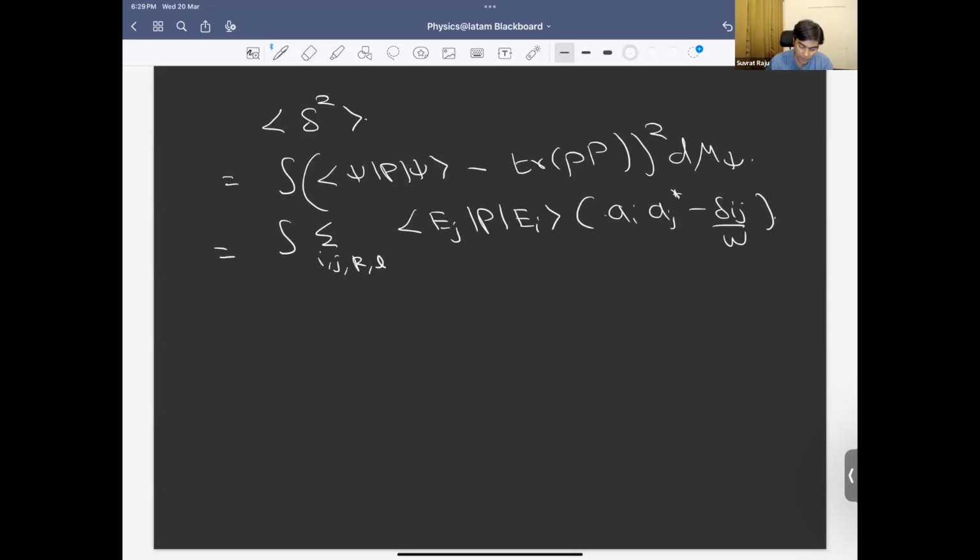This is just some simple algebra. I'm just expanding out all of these terms. Psi P psi has an E_j, E_i, it multiplies with an A_i A_j star. This thing gives you the delta_ij by W.